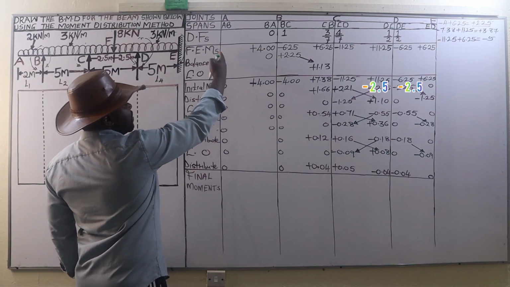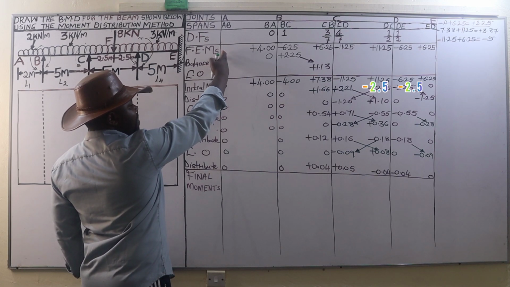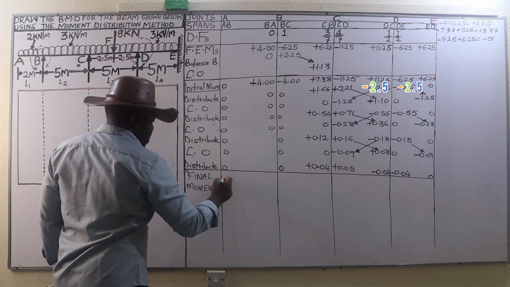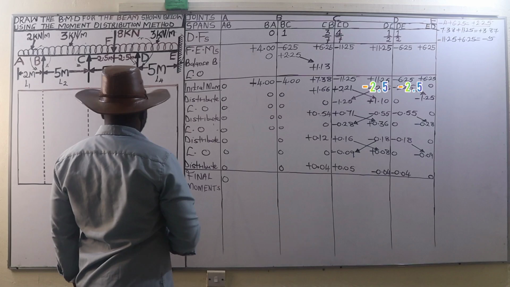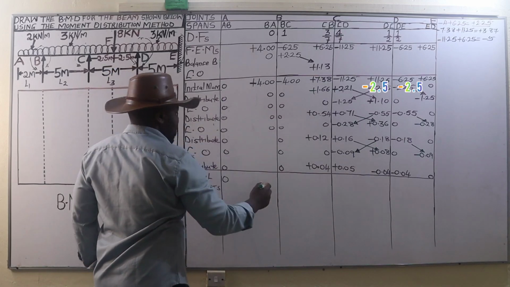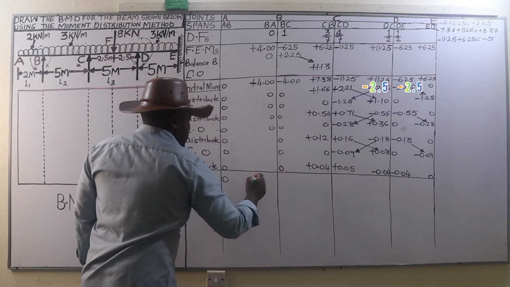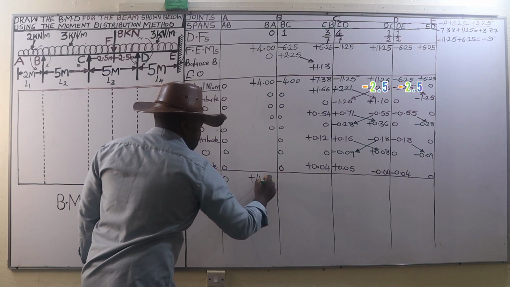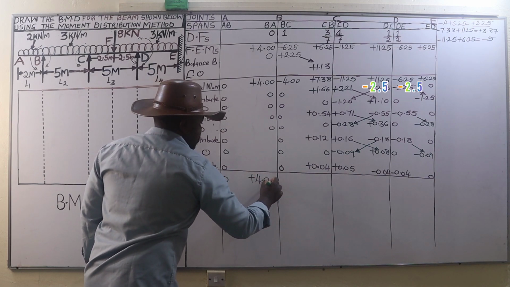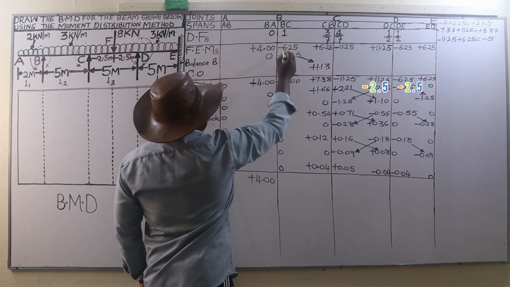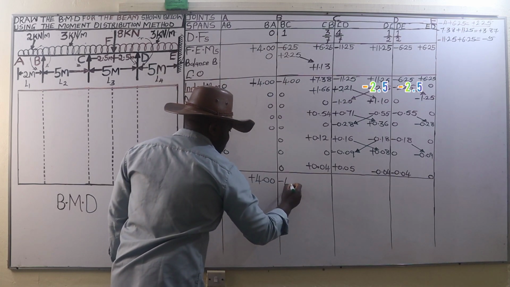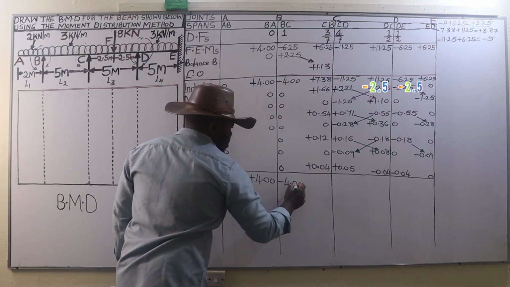So, on the member AB, we are not going to have anything. That's going to be 0. On the member BA, we are going to have positive 4.00. On member BC, we are going to have negative 4.00.